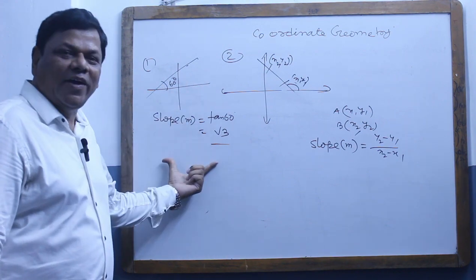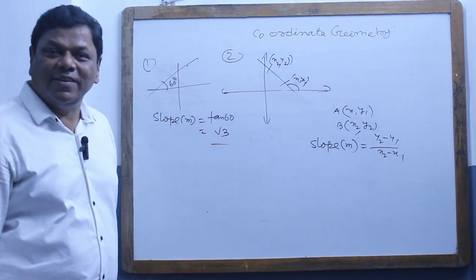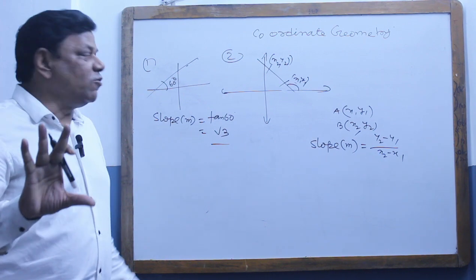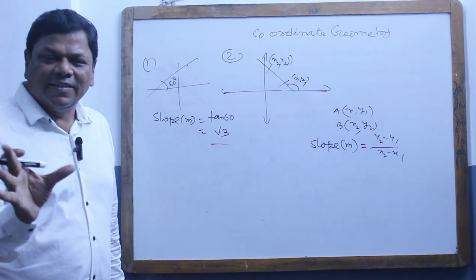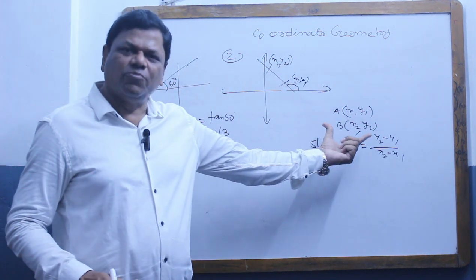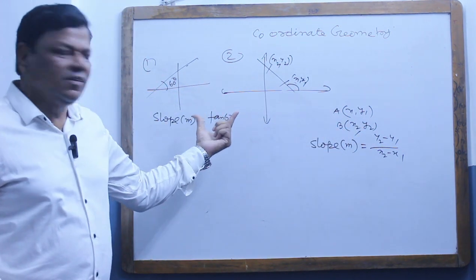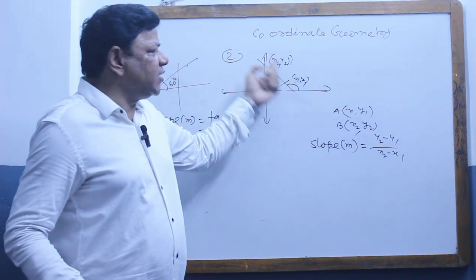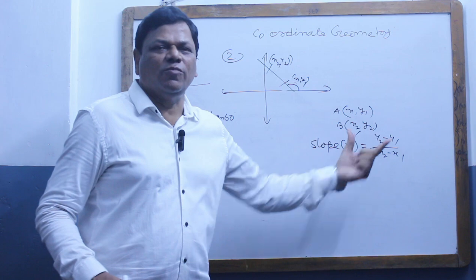There is another way that I will teach you later, how to find the slope from the equation, while doing sums. Now you have understood two ways. First, if the angle is given, apply tan theta. If points are given, two coordinates, apply this formula.